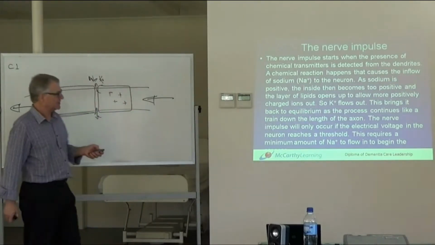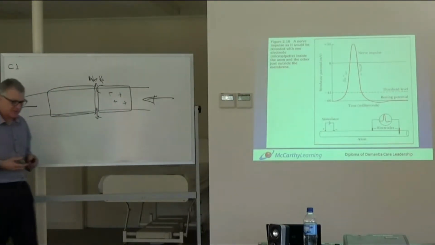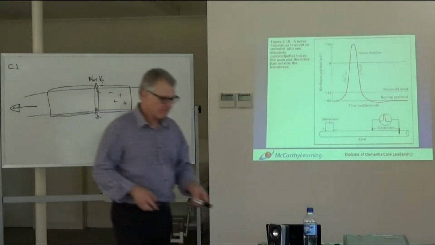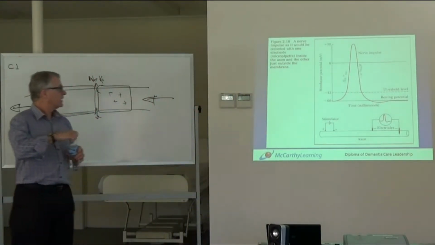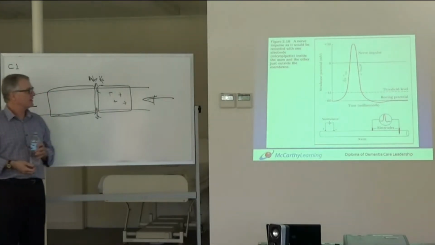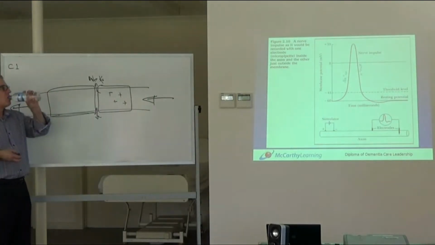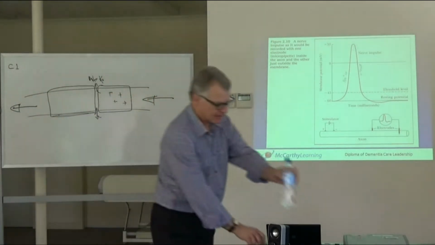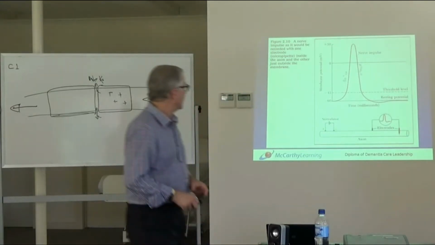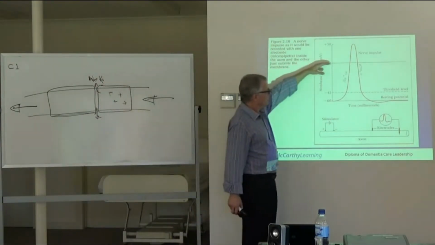Okay, so let's see what this looks like. We need to generate a nerve impulse, and that means there needs to be enough sodium and potassium flowing out to enable that impulse to reach the threshold it needs. It needs to get up to this amount.